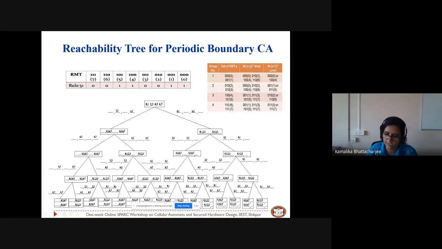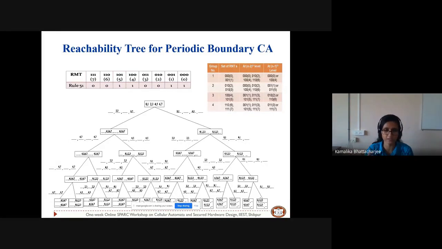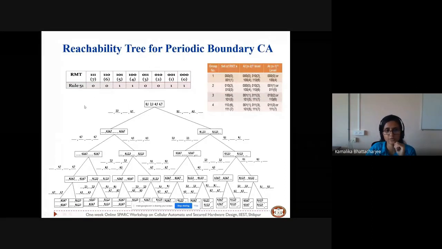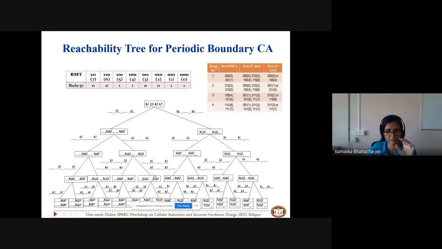That is, there will be no non-reachable edge, and for every edge there will be some content inside it. So it will be a complete tree. There will be no non-reachable edge, so no non-reachable configuration as well. That's why we can declare that this rule 51 will be reversible if it is developed for 4 cells.